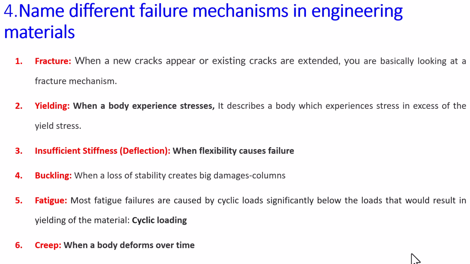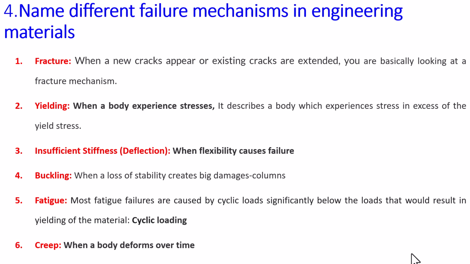Second is called yielding. It describes a body which experiences stresses in excess of the yield stress. That is called yielding. Third one is insufficient stiffness, simply called deflection. When flexibility causes the failure, the material is flexible, so when we apply the load it will deflect.